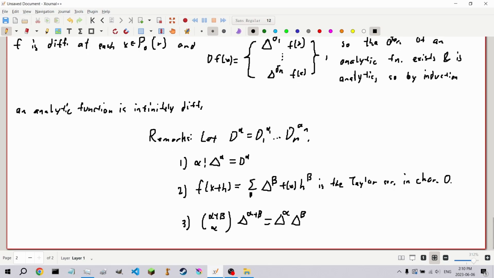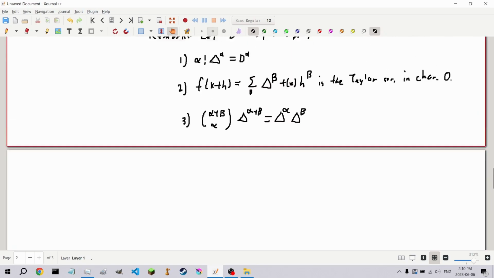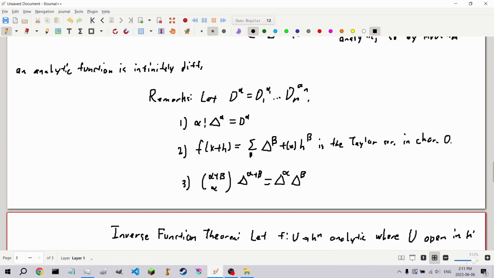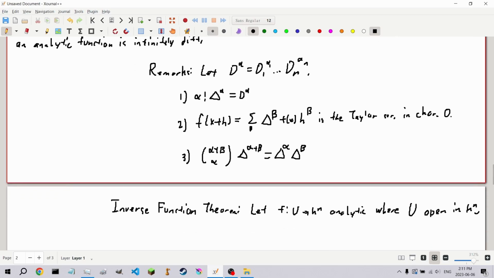This gives us a new page where we are going to write the inverse function theorem. Let f be a function from U to k^n be analytic, where U is open in k^n, and without loss of generality, 0 is in U, and f of 0 is 0.